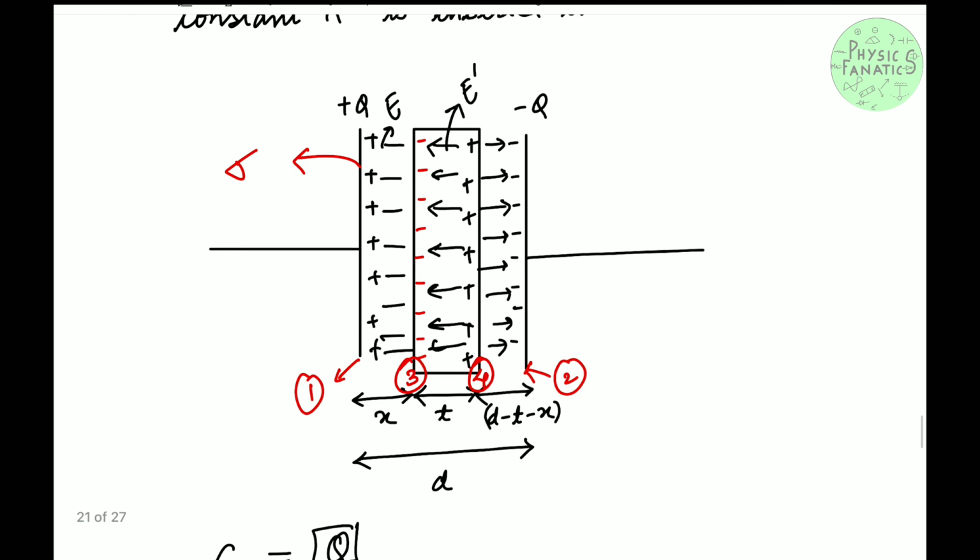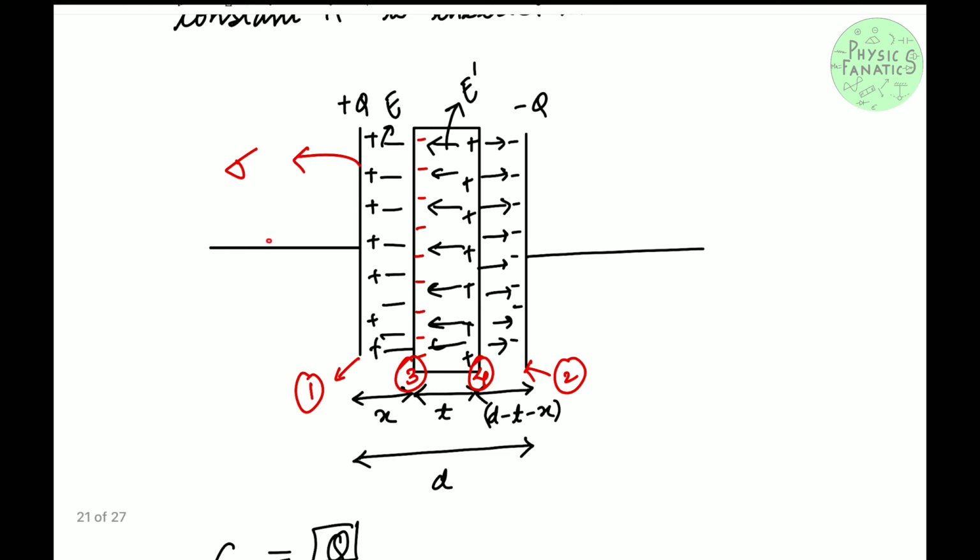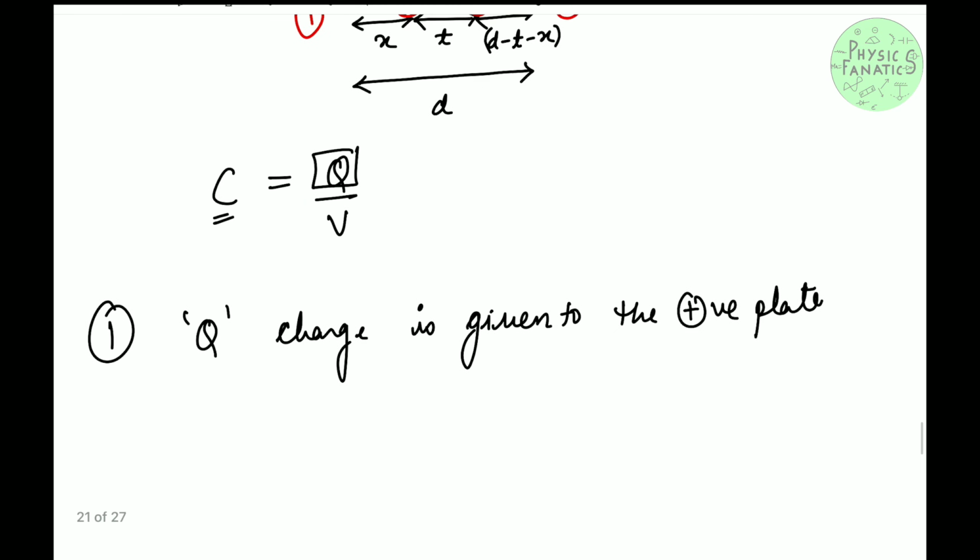So basically what happened here, I already have given Q charge to my plate. So when Q charge is given to the positive plate, then obviously the negative plate will be negatively charged because of the induction effect. I hope you guys can understand that, right? And I also know sigma is the charge density there, right? So I can write sigma is equal to the charge per unit area, right?